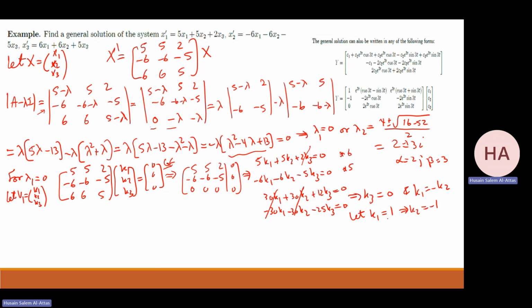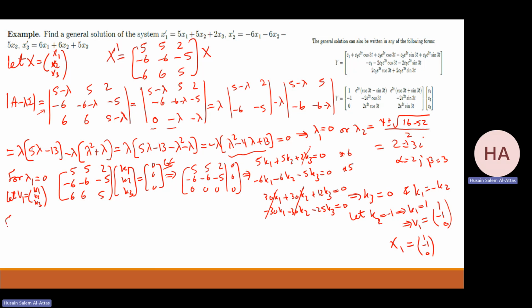The other way, I let k2 equal minus 1. I want to see the same answer. That implies k1 equal 1. So my b1 is 1 minus 1, 0. And by the way, x1 is the same as v1, since it's e to the power 0.